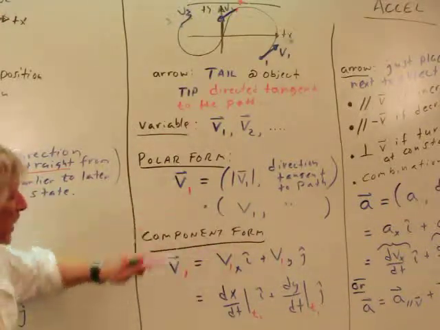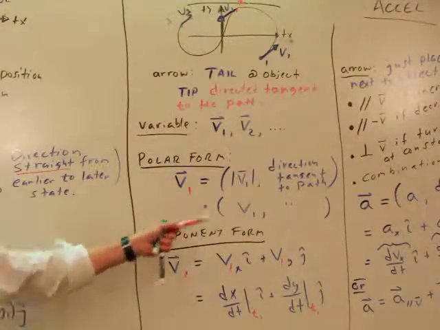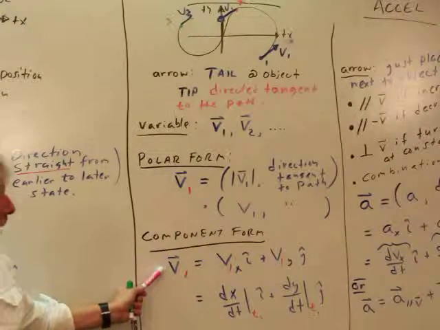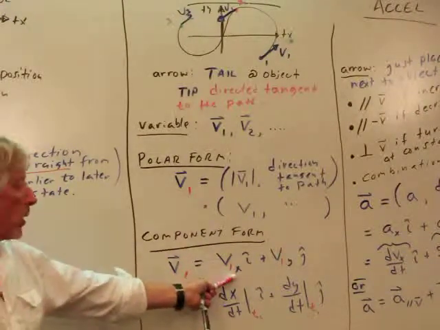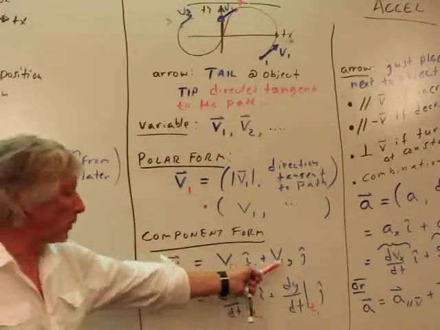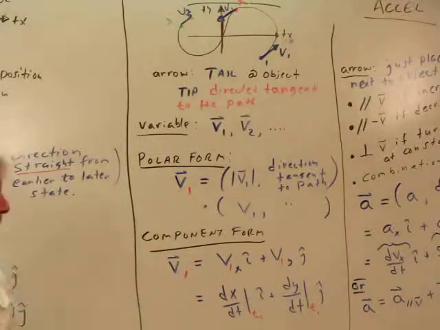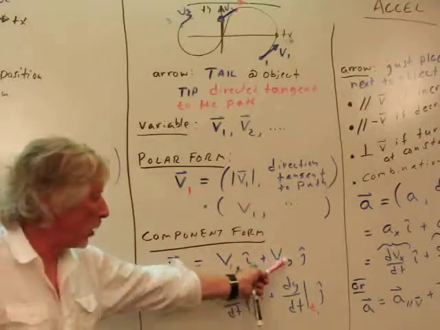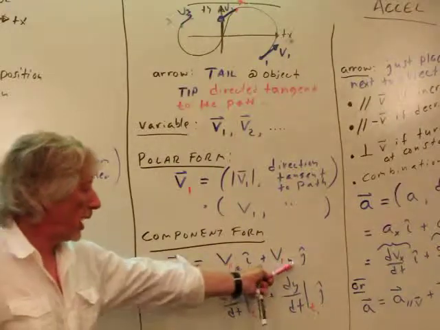Of course, at any moment, I've got a velocity, which means I've got a direction and a speed. But if I think about it, that means that I'm moving partly in whatever direction I called x, and partly in whatever direction I called y. So there's the x component at that moment, and the y component at that moment. So we can write that v at that moment 1, x part, and y part.